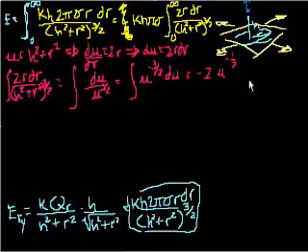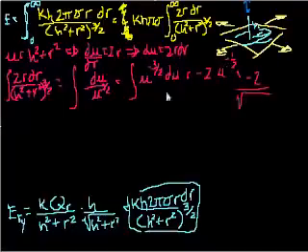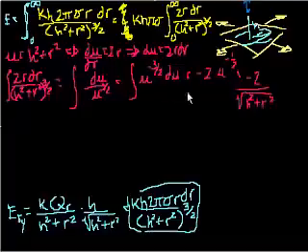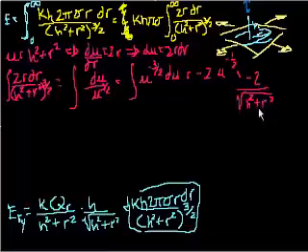Or we could say that since we made that substitution, this equals minus 2 over, u to the 1/2, that's the same thing as over the square root of h squared plus r squared, right? So all of this stuff I did in magenta was just to figure out the antiderivative of this, and we figured it out to be minus 2 over the square root of h squared plus r squared.